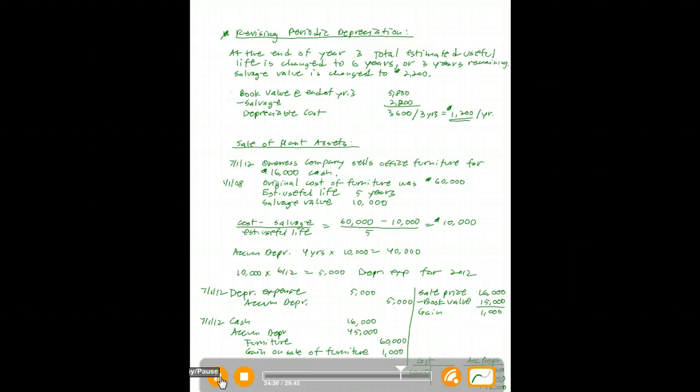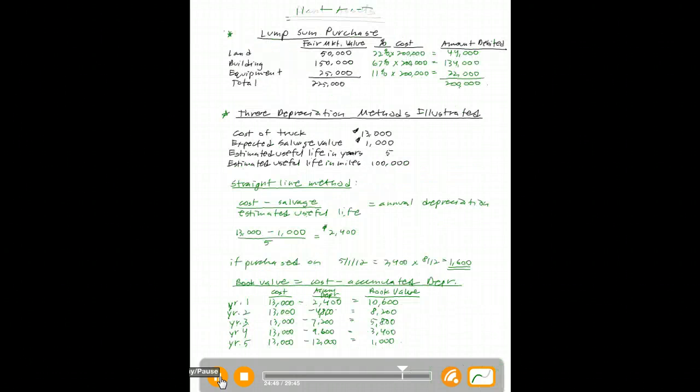Now, if our book value had been greater than the sale price, we would have had a loss. And the only thing that would be different is, instead of crediting a gain, we would have debited a loss. And that's the only difference between a gain or a loss.